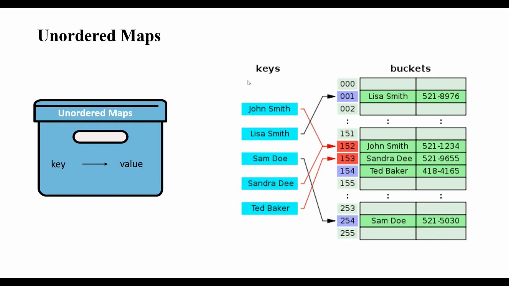Here we had keys in this specific order, but here the order is lost because of hashing. So it depends on whether you want the order or not. You can use either ordered maps or unordered maps. So now with this introduction, let's get to coding.